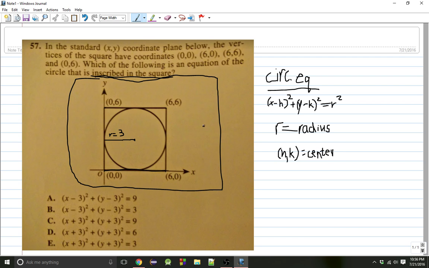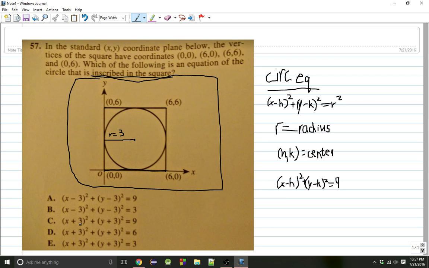So now that we have that r equals 3, we know that (x minus h) squared plus (y minus k) squared equals 3 squared, or 9.